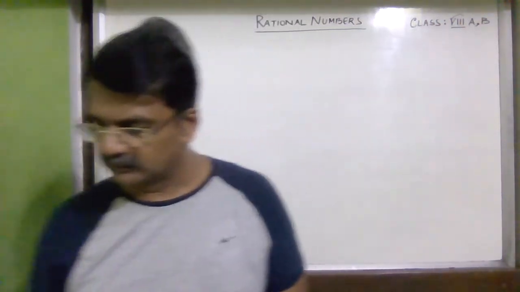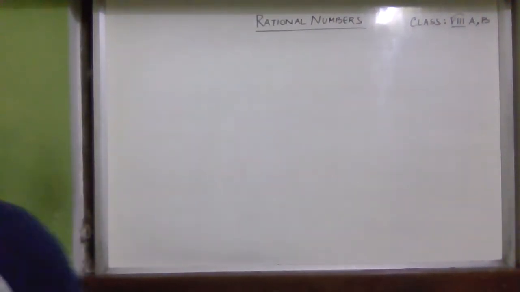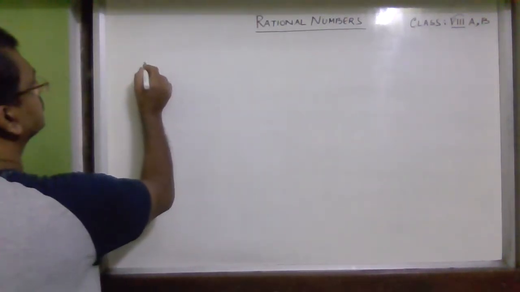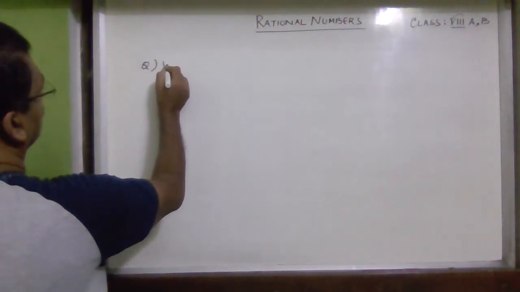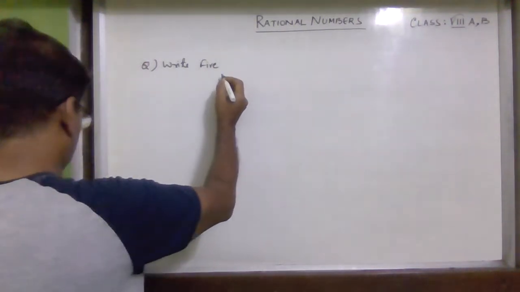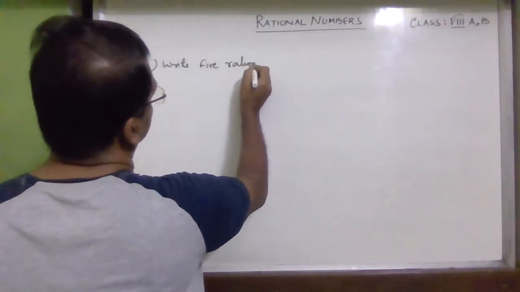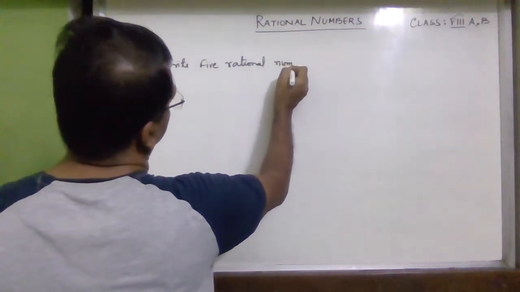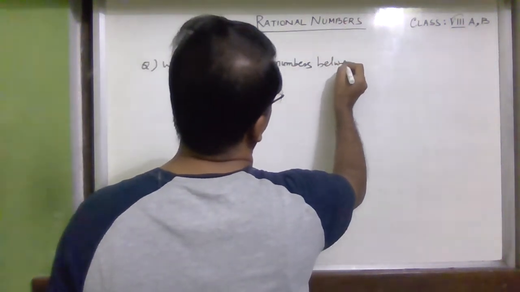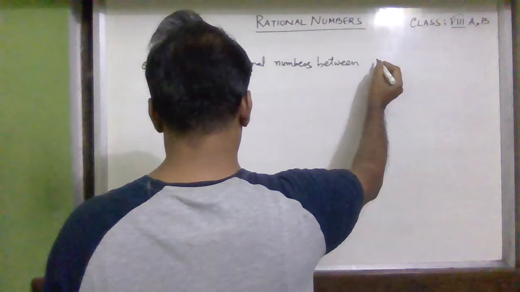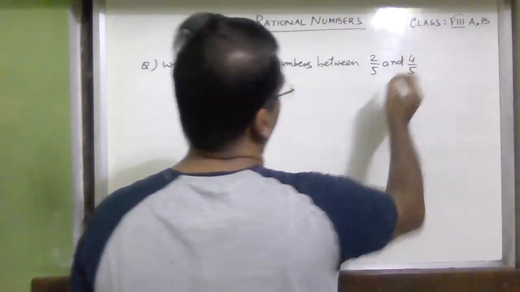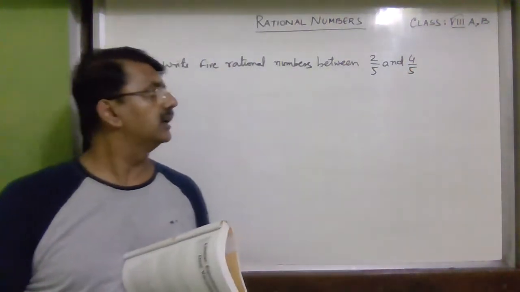Next question. Write 5 rational numbers between 2 by 5 and 4 by 5.